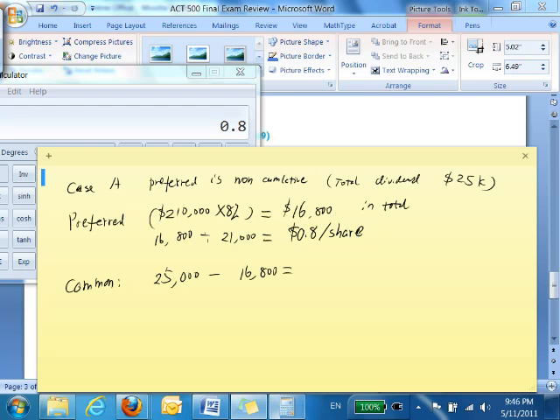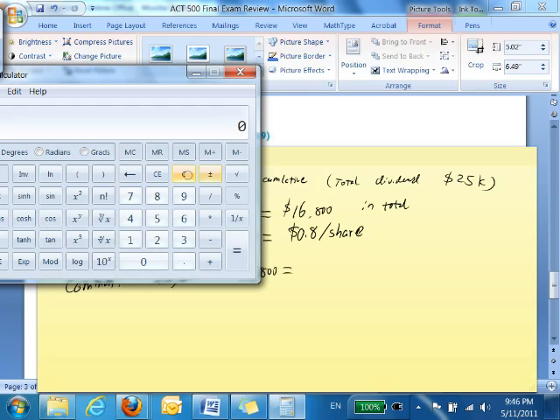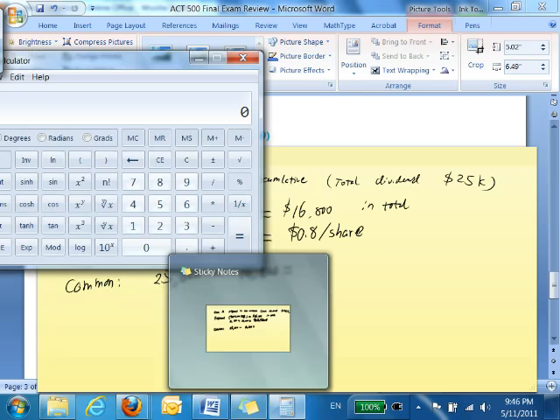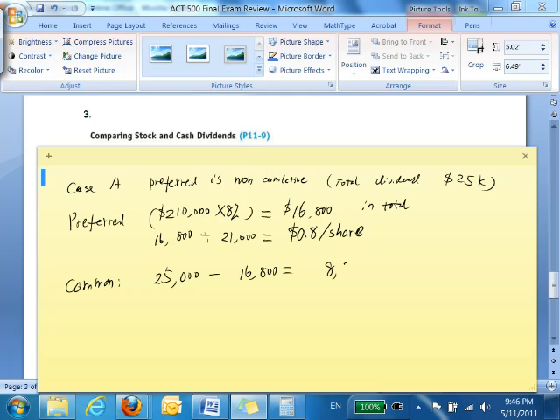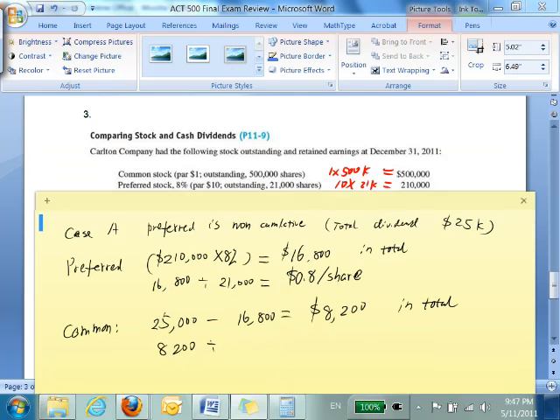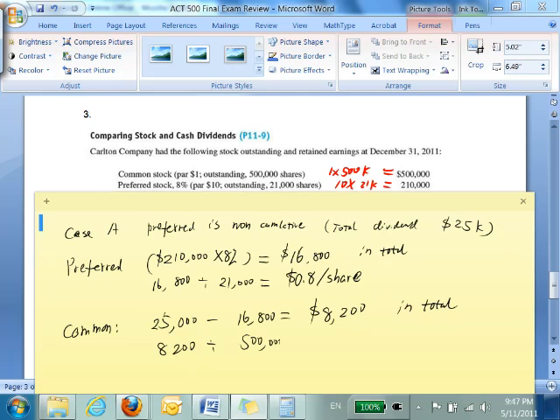Remaining goes to the common. So for common stock, $8,200 in total. 8,200 divided by the number of shares for common stock, 500,000.